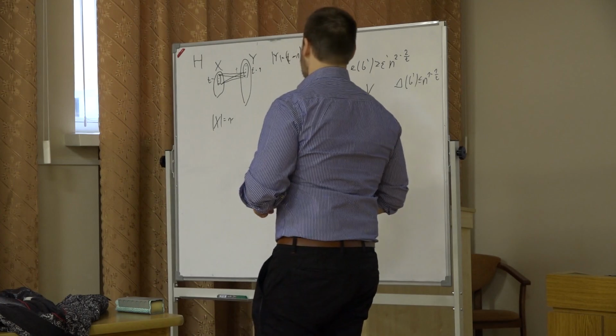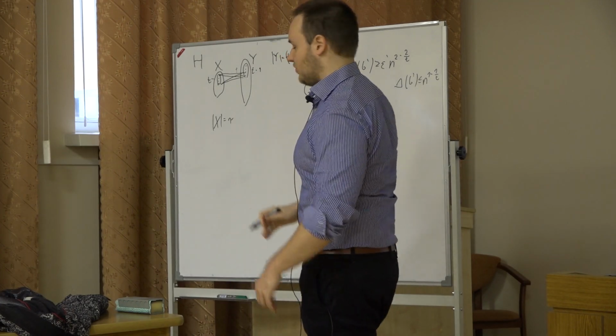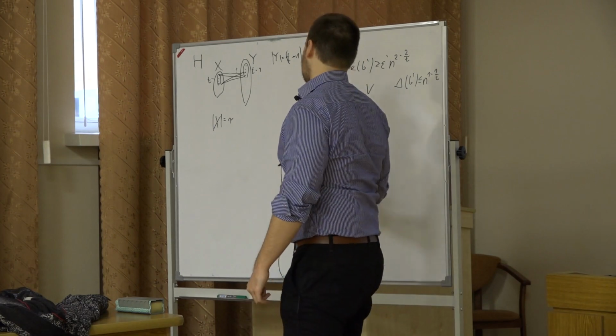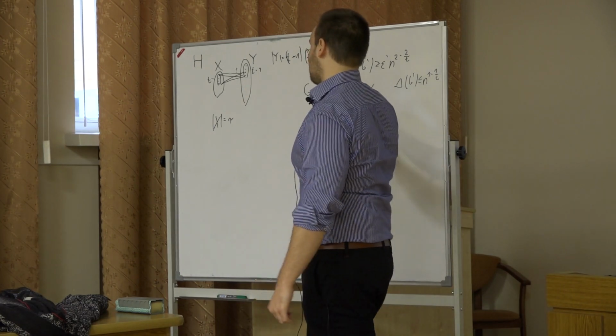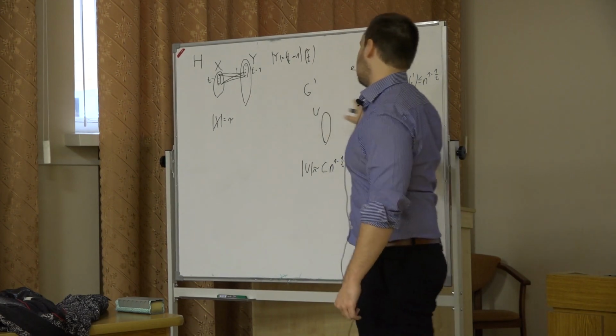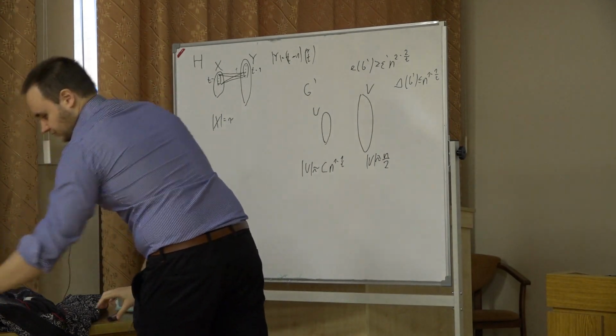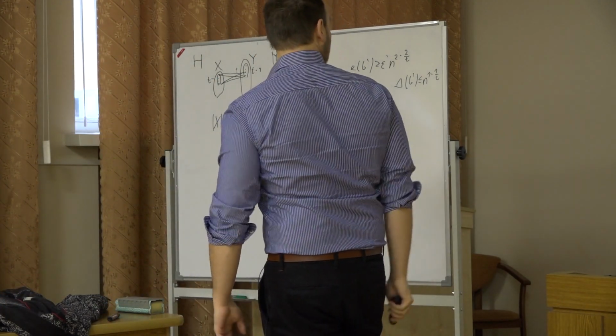So now, here is our new host graph G prime. I forgot about G completely. And now my plan is to embed H into G prime such that I embed X into U and Y into V. Okay.